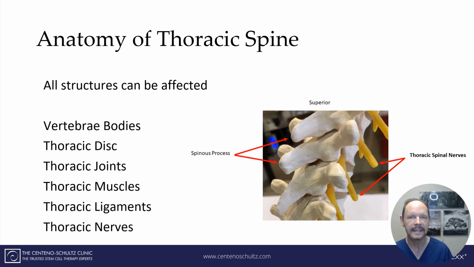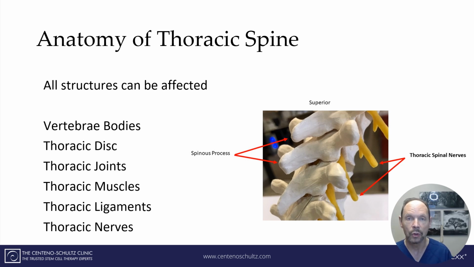So what areas can be affected? Basically all the structures in the thoracic spine can be affected by this degeneration, which include the vertebral bodies, which are the bony building blocks that stack one on top of the other. The thoracic discs, the space between the building blocks that act as such an important shock absorber.